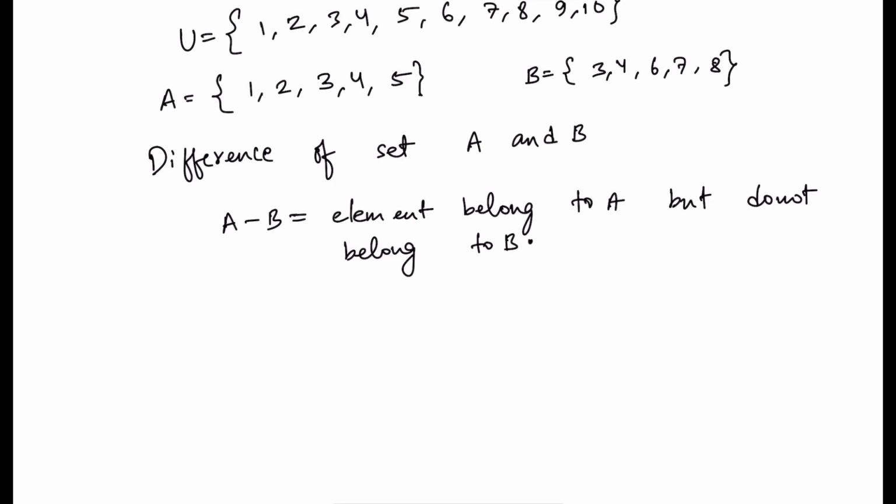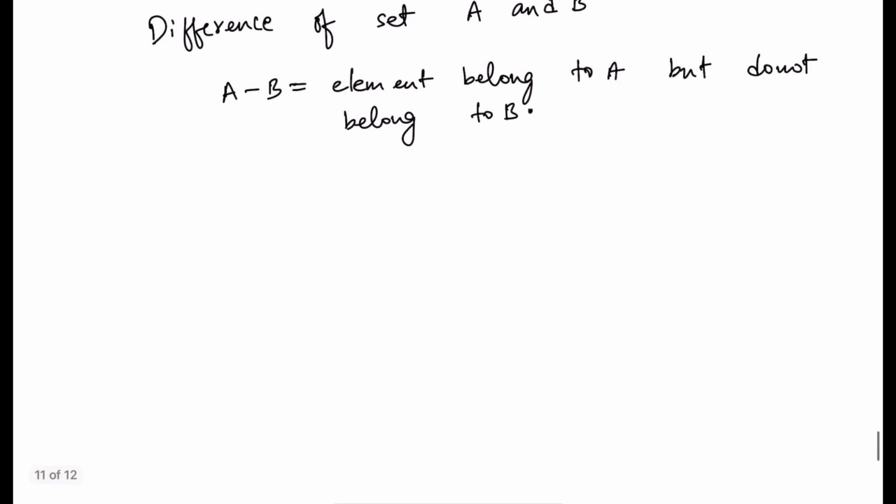So basically A minus B will be a set that has elements 1, 2 and 5.